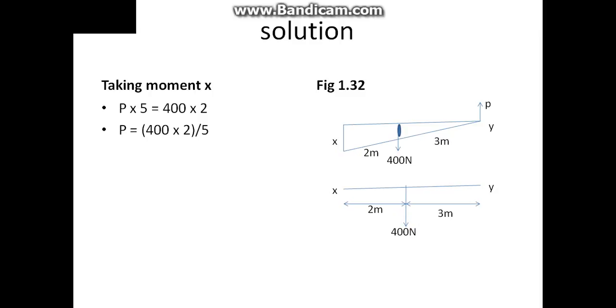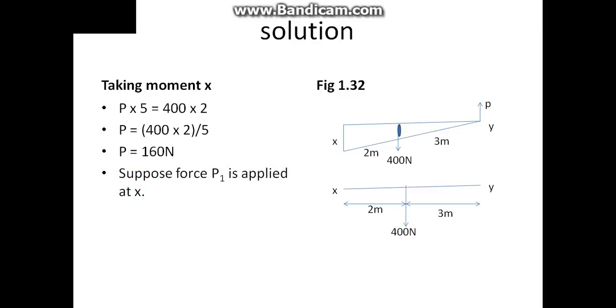Making P the subject of the formula, we have 400 times 2 all over 5, P will now be equal to 160 Newton.